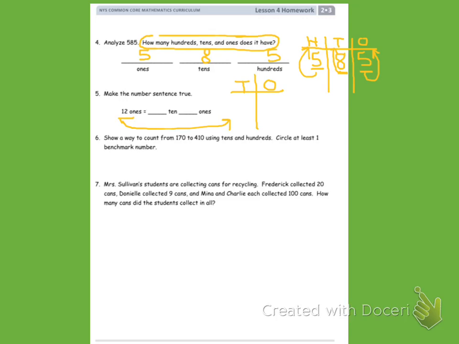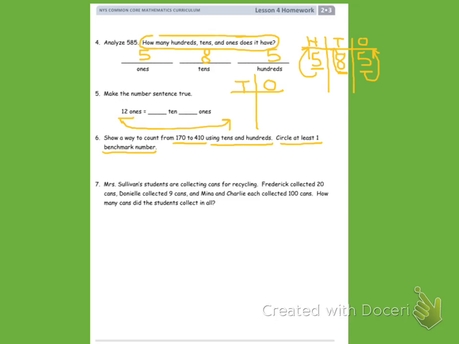So, counting from 170 to 410, that's an important detail. Using tens and hundreds is another important detail. And then circling at least one benchmark number is another important detail in the directions. That's why those have been underlined.